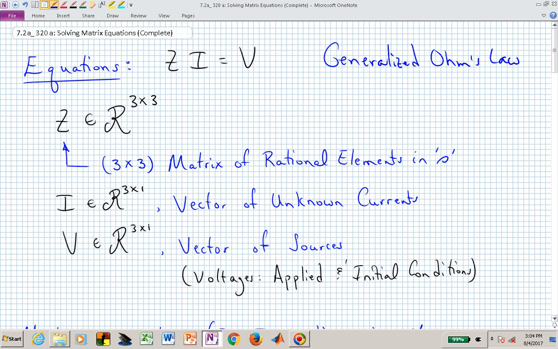I is our vector of unknown currents, and that's a 3 by 1 vector. That product, 3 by 3 times a 3 by 1, gives us a 3 by 1 vector, and that's equal to the voltages, where those voltages are either the original applied voltage V sub 1 of t that we've now Laplace transformed, or voltage sources due to initial conditions.